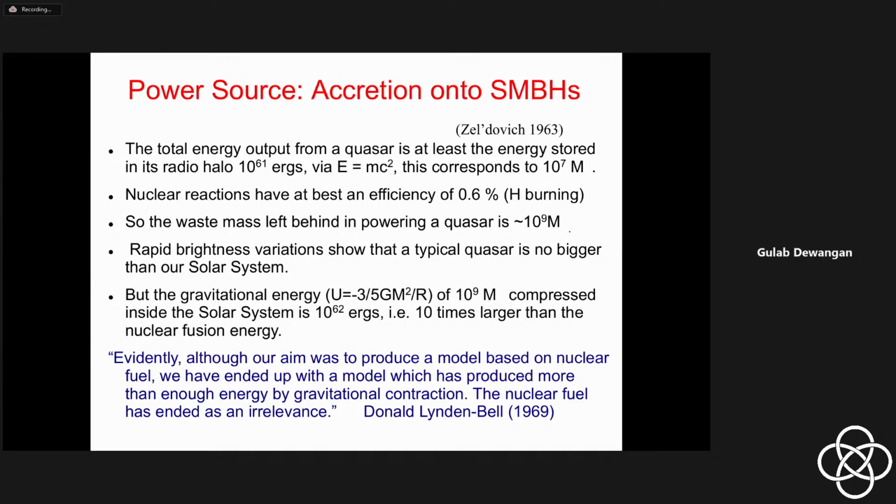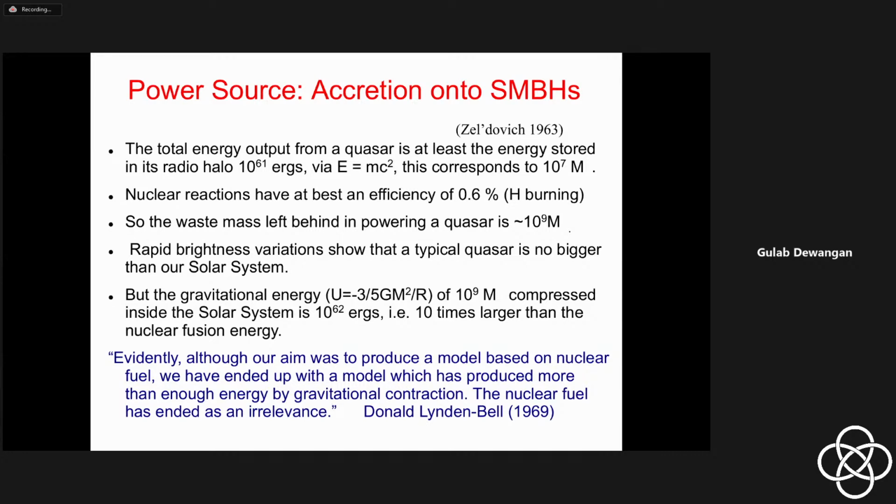So in order to convert 10 to the power 7 solar masses completely to energy, you need at least 10 to the power 9 solar masses in that compact region. Because of the rapid brightness variation, the size of the region where this 10 to the power 9 solar mass is kept should be no bigger than a solar system, about 10 to the power minus 5 parsec or so.